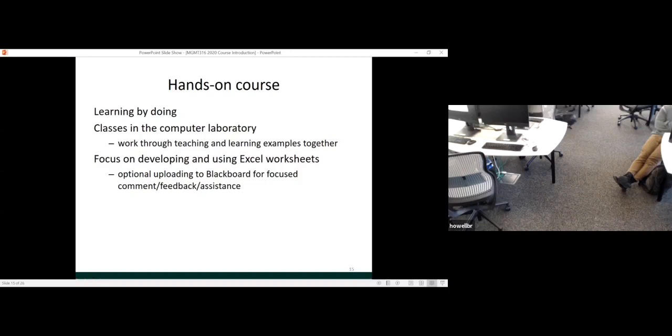I will have a pattern in the teaching where we introduce the model. I'll take you through it with some teaching example, which we'll work through in class. I will give you some learning cases, which I encourage you to work through first on your own outside class, and then those will be the focus of what we do in the laboratory, so we can work through the learning cases together.